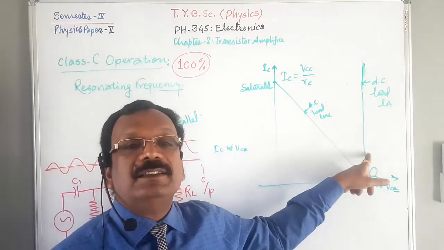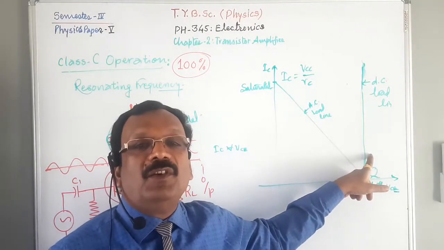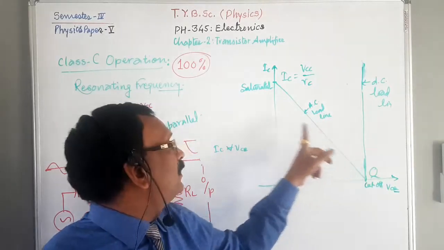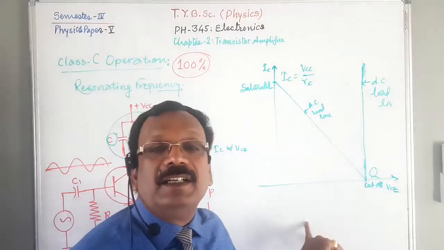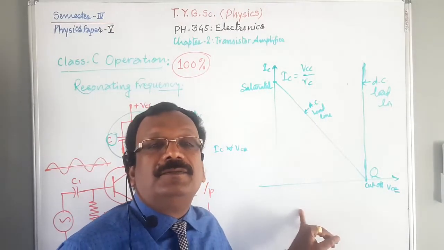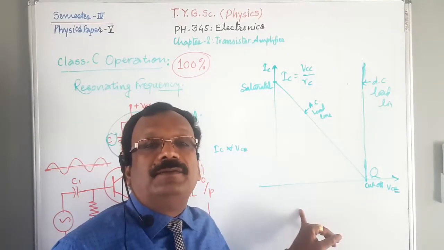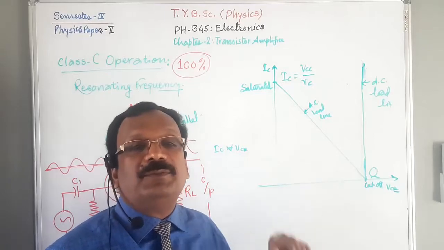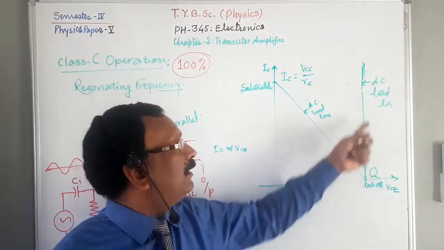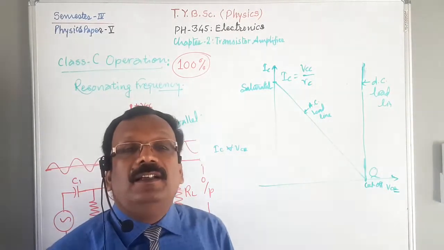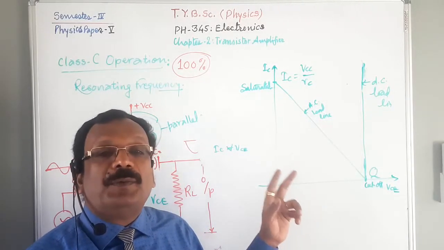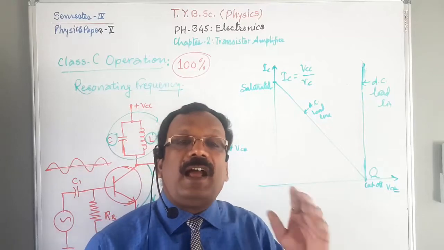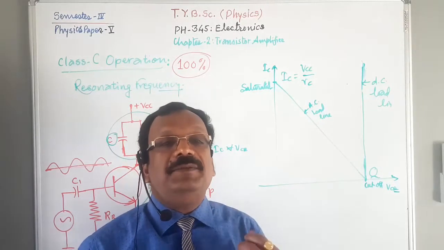See here, the DC load line is almost vertical because the winding resistance RS in the equivalent circuit of an RF inductor is very small. Why is this DC load line vertical? Because the winding resistance of the transformer coil, RS of an RF inductor, is very small.